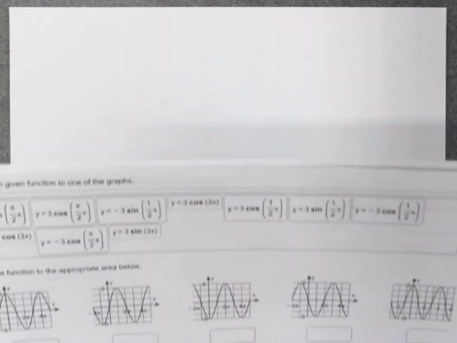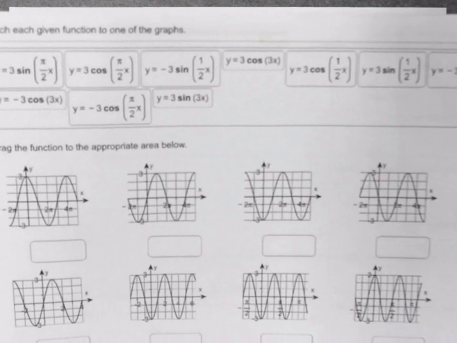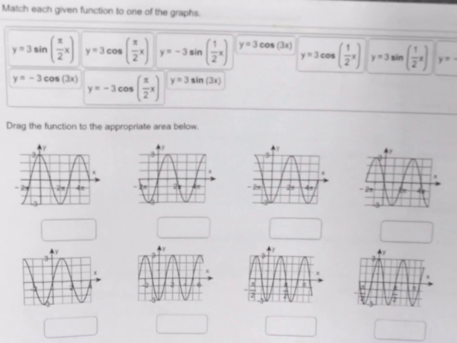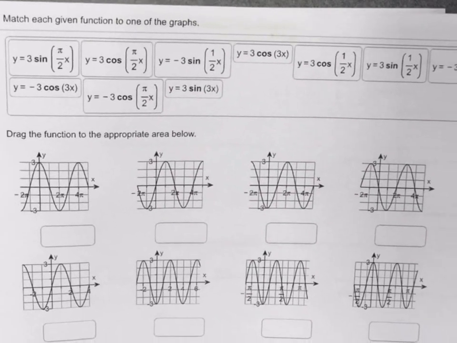Here's a problem I want to go over, and actually it's a 10-part problem. I printed out the problem from my math lab, and I just want to talk about it. On the actual MyMathLab, this is like a matching problem.